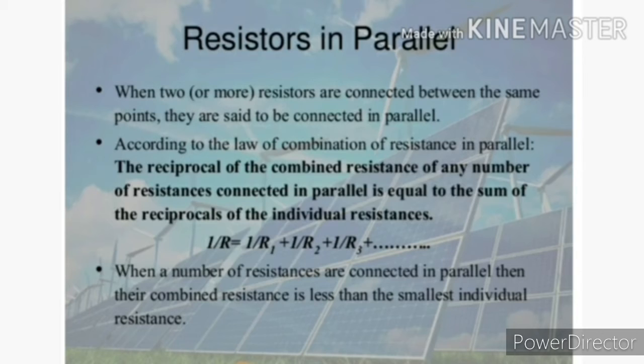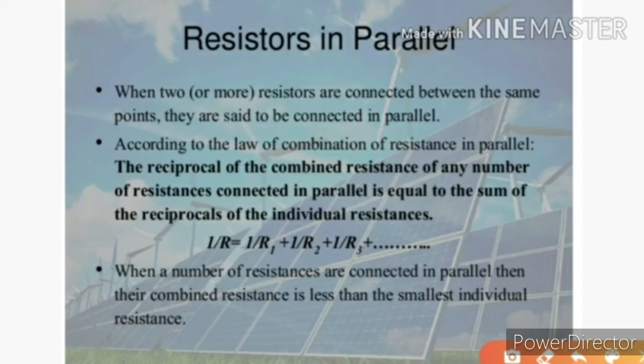According to the law of combination of resistances in parallel, the reciprocal of the combined resistance of any number of resistances connected in parallel is equal to the sum of the reciprocals of the individual resistances.